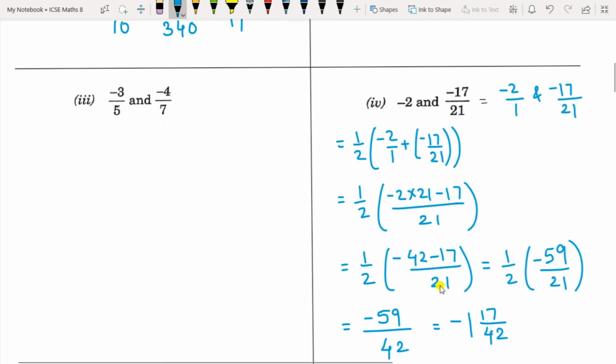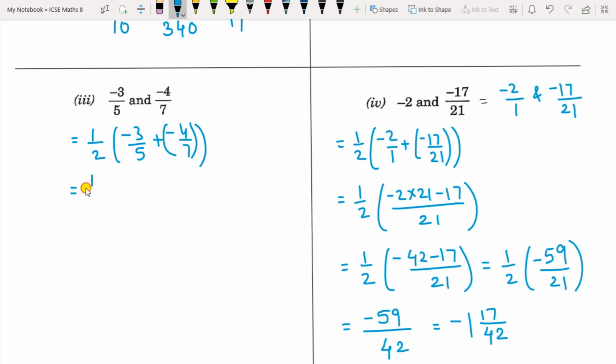Let us see negative rational numbers, that is minus 3 by 5 and minus 4 by 7. So half times minus 3 by 5 plus minus 4 by 7.